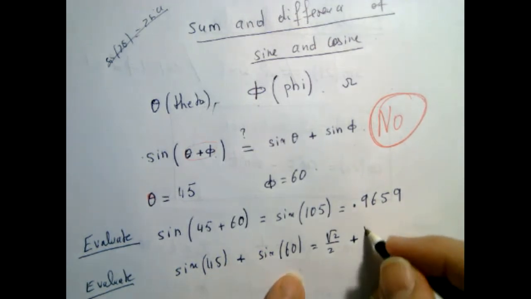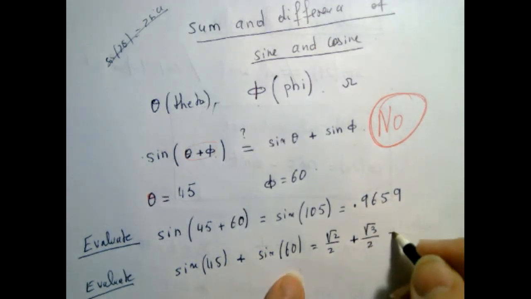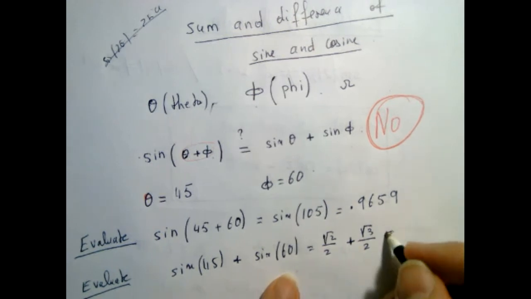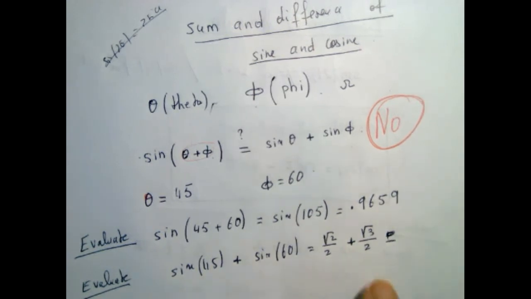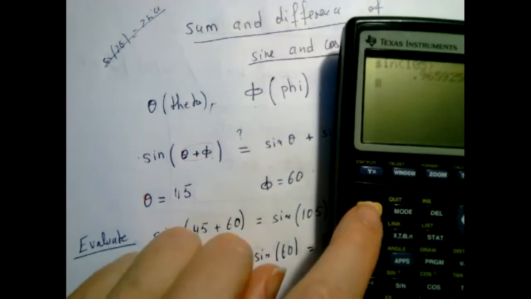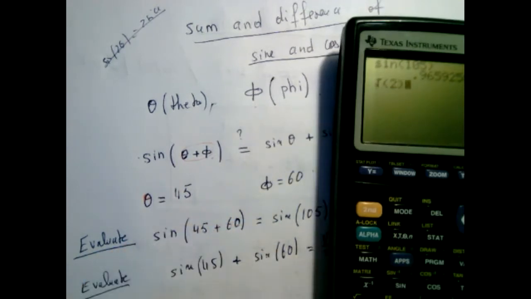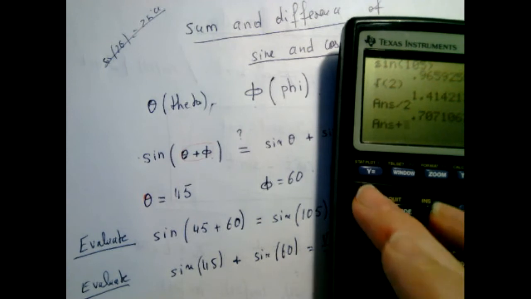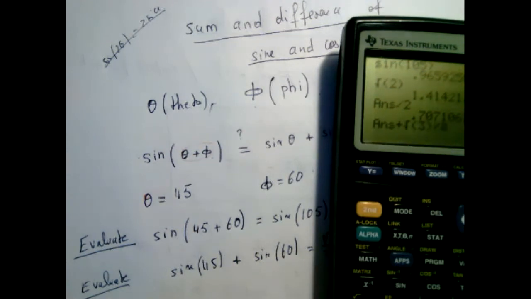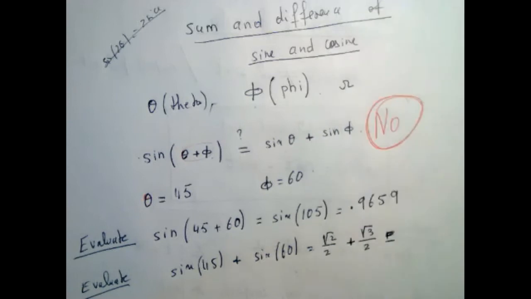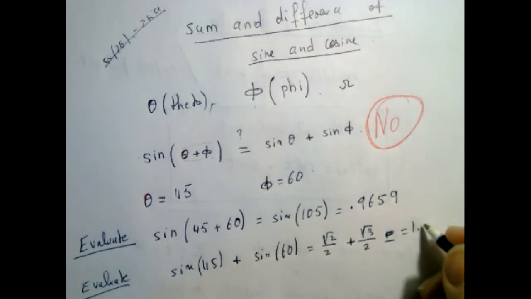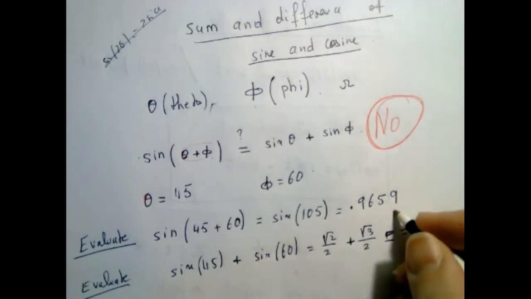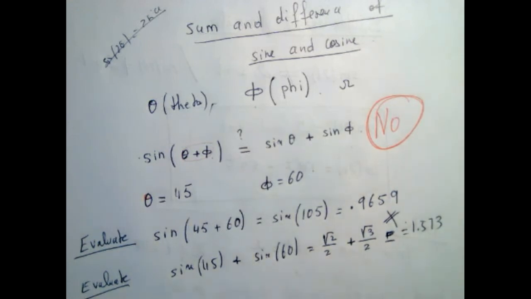Sine of 60 is the square root of 3 over 2. So now I need to evaluate that. I'm just going to evaluate this on my calculator because the numbers are not nice here: square root of 2 divided by 2 plus the square root of 3 divided by 2. I'm getting 1.573. Absolutely different from the other.